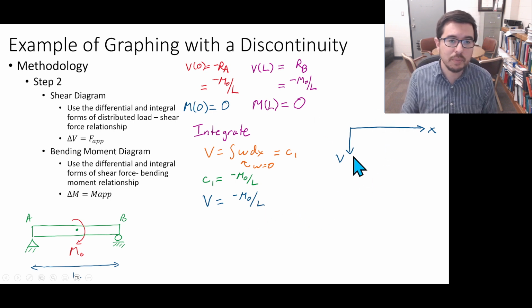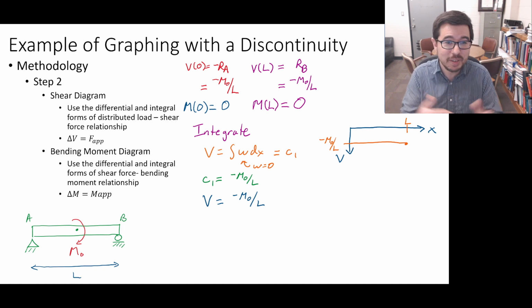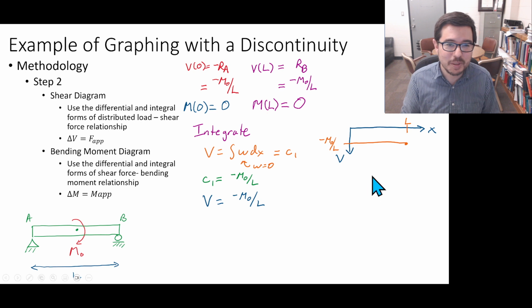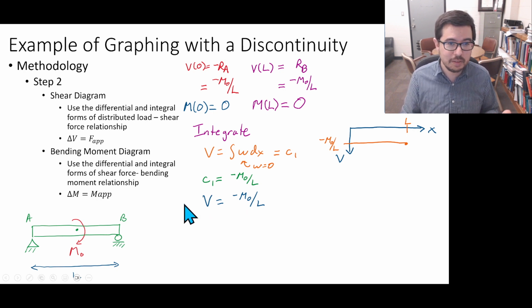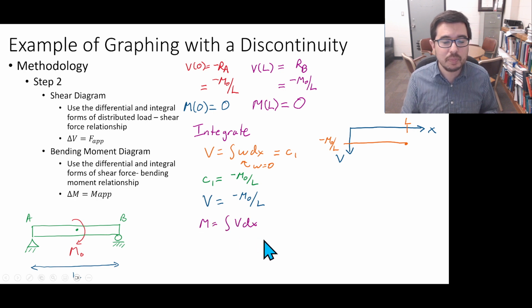So we come over here, and what are we going to plot? We're going to plot a line at minus M naught over L. Not particularly interesting, which is okay. It's nice when it's simple and it works out. Let's do another integral. This time, we're going to remember our relationship dM dx is equal to V. And so we can write that M is equal to the integral of V dx.